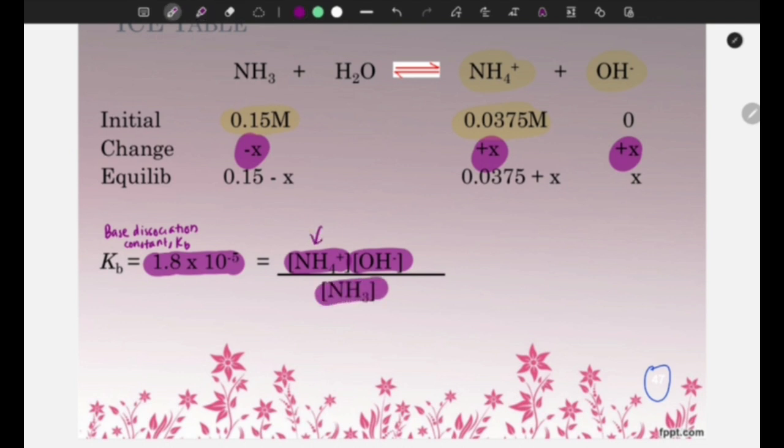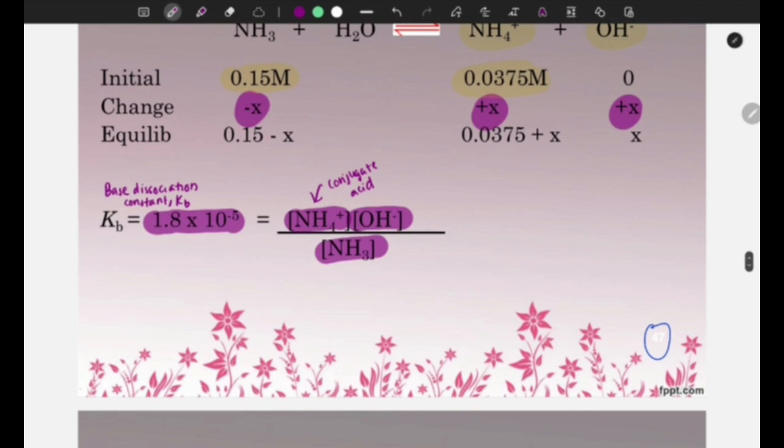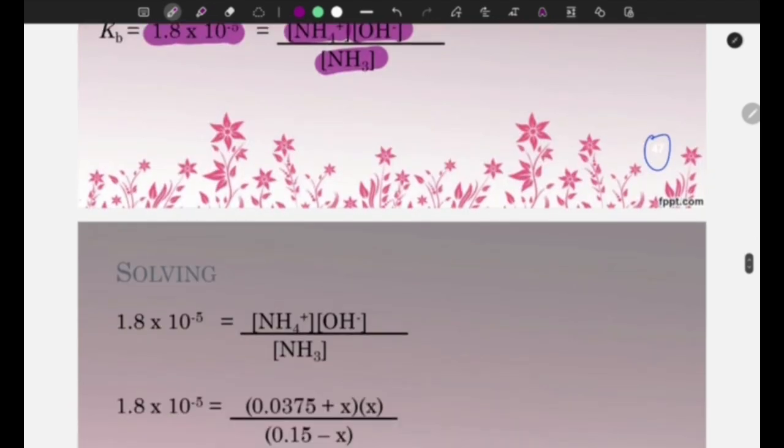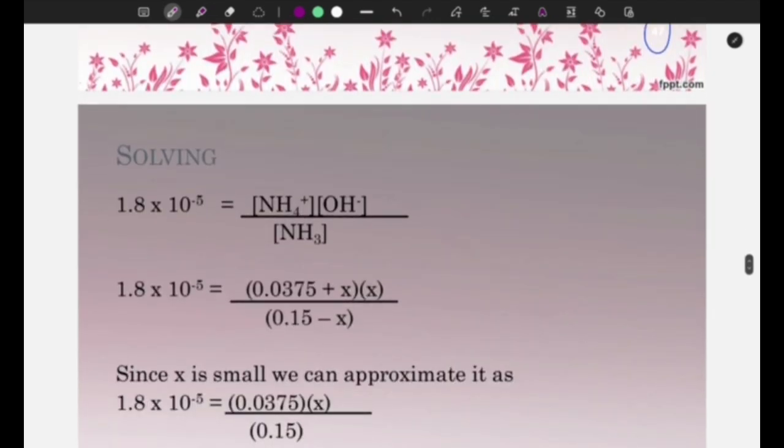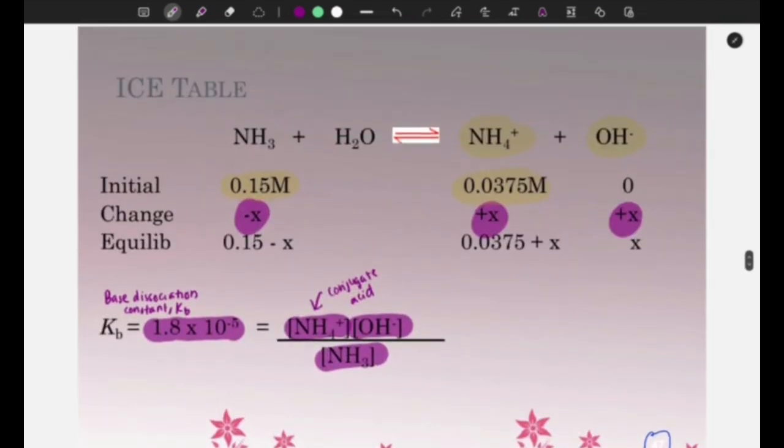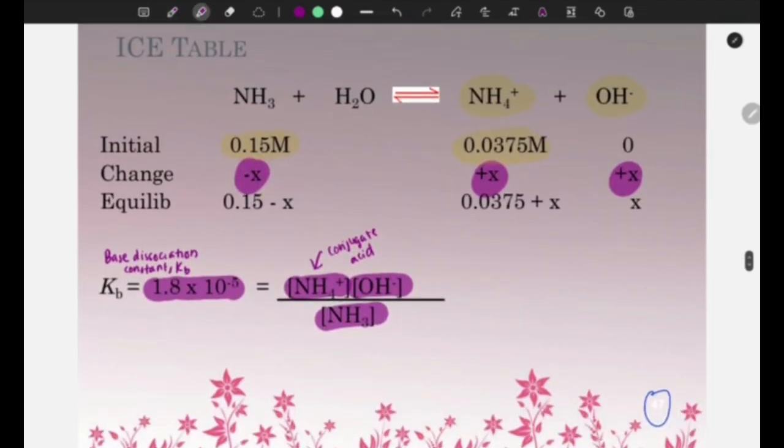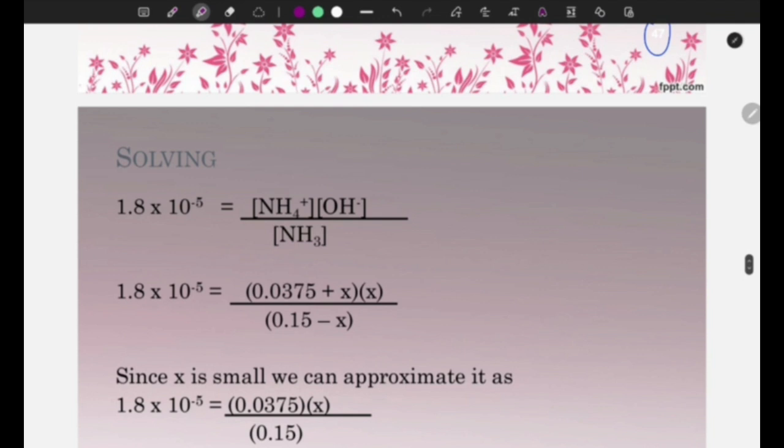NH4 plus is the conjugate acid for NH3. And then we can insert the values into the equation, for NH3 with 0.15 minus x and 0.0375 plus x.